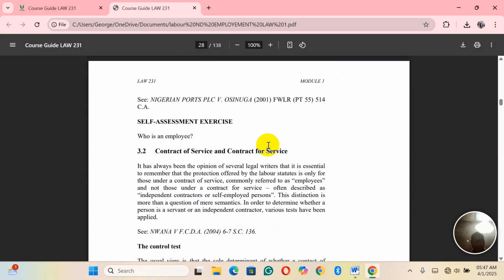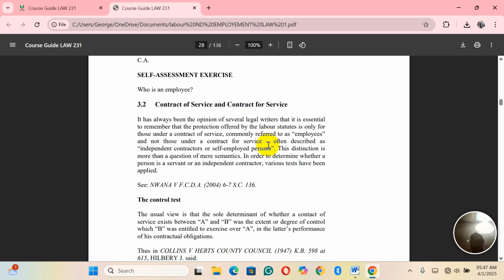And so we're moving on to the contract of service. Under the contract of service and contract for service, it has always been the opinion of several legal writers that it is essential to remember that the protection offered by the labor statutes is only for those under a contract of service, commonly referred to as employees, and not those under a contract for service, often described as independent contractors or self-employed persons.